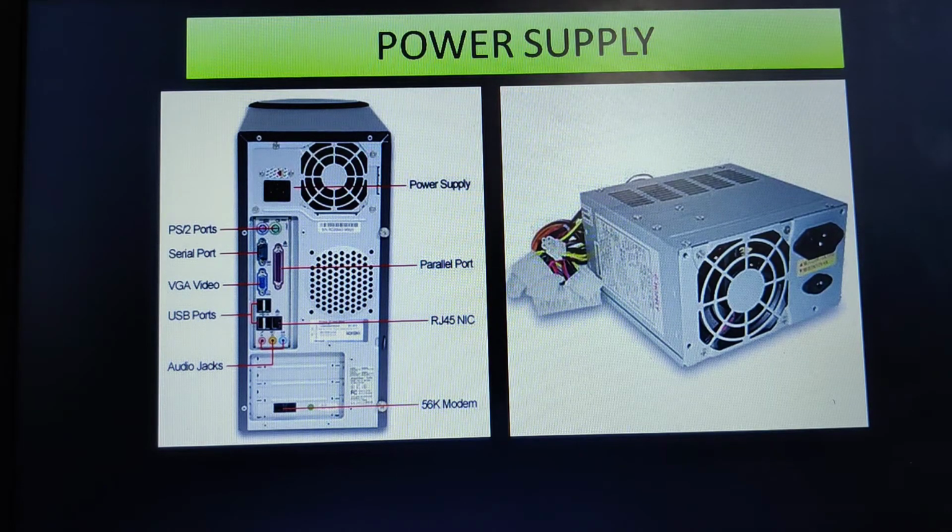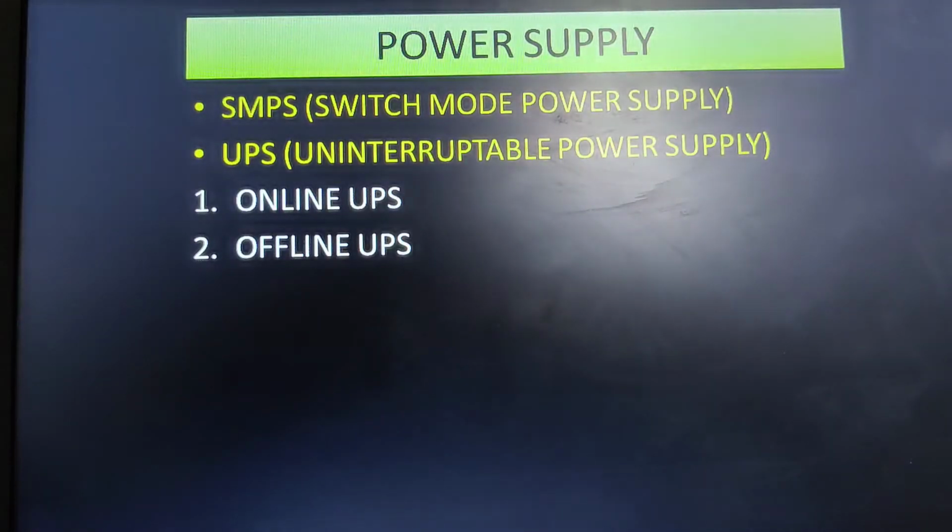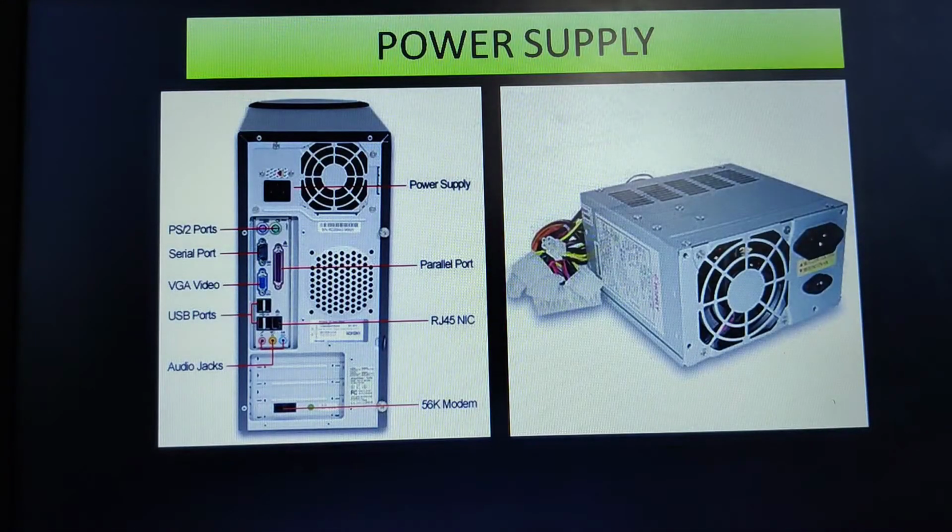As I said, if we are using any kind of power supply or battery connected to the computer system, in order to save the computer data in case of power failure, this SMPS, which is one type of power supply, will convert that alternating current into DC current and provide the power supply to the system components for working.